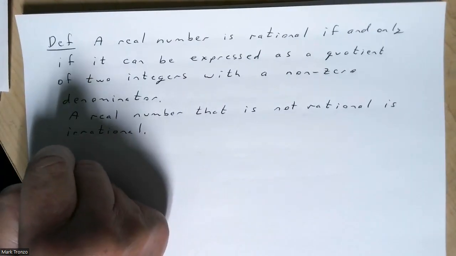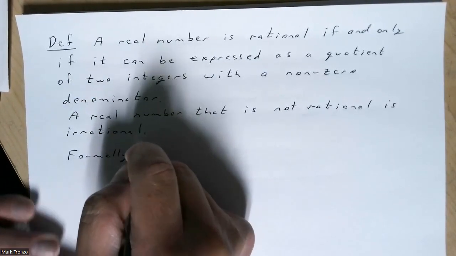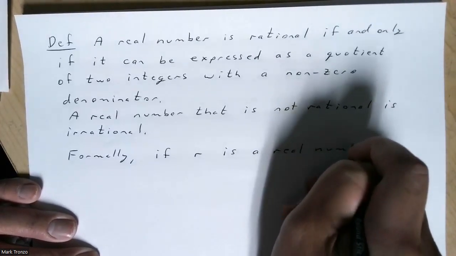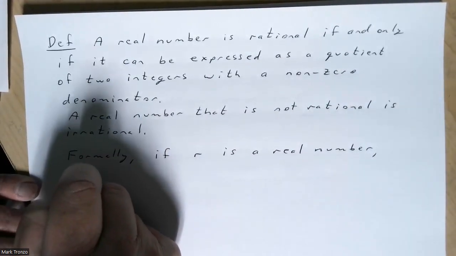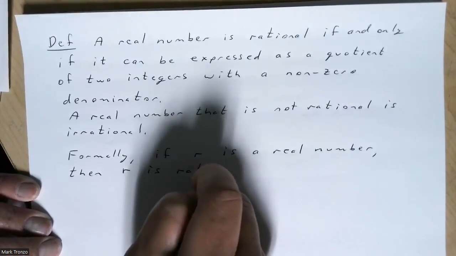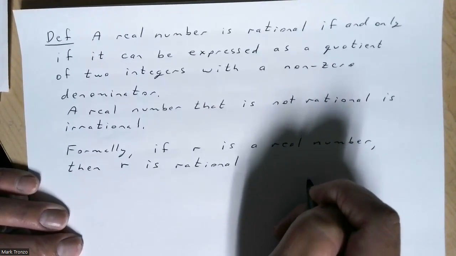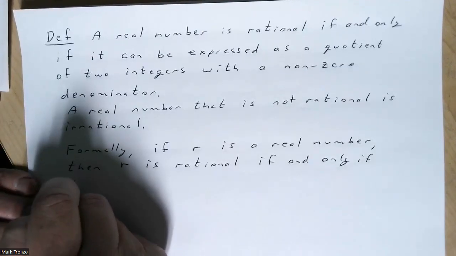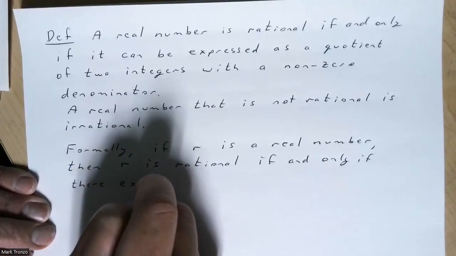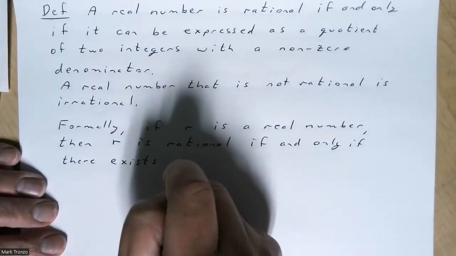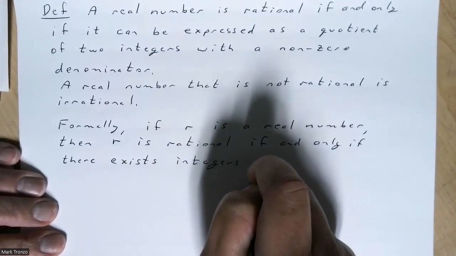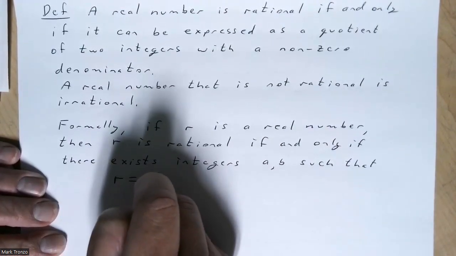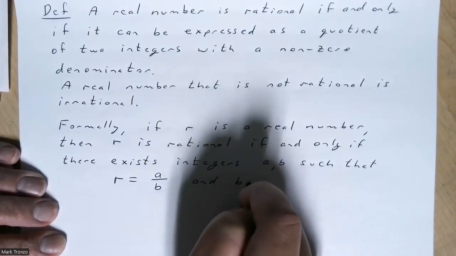And we can state all this formally. Formally, we can say if R is a real number, then R is rational if and only if there exist integers A and B such that R is equal to A divided by B and B is not 0.